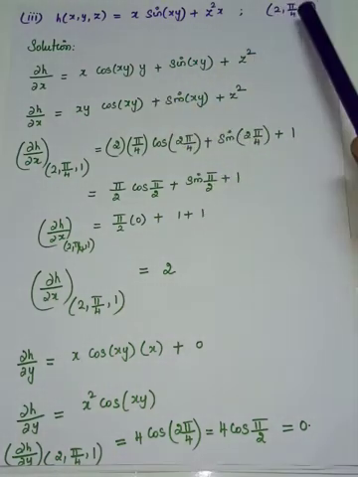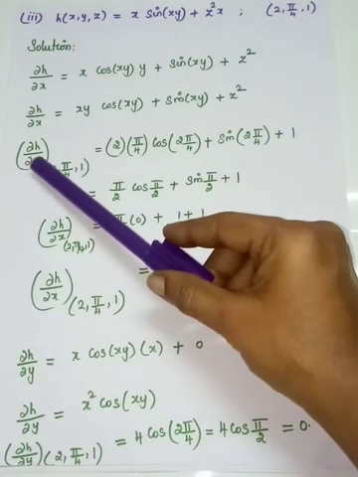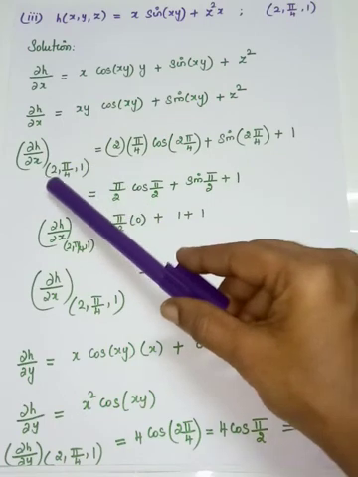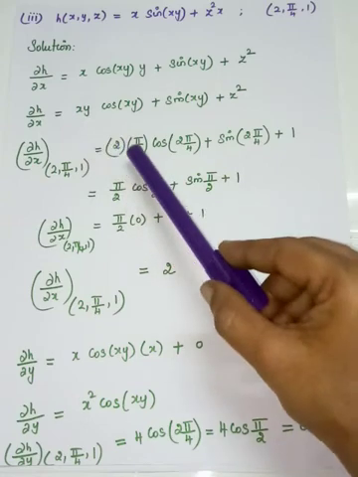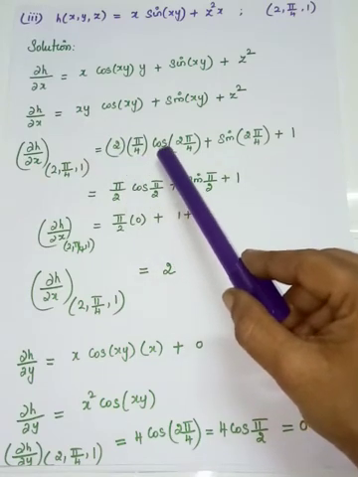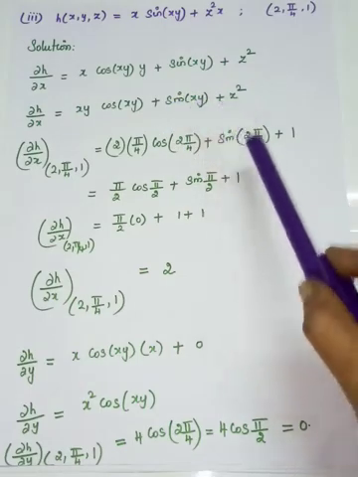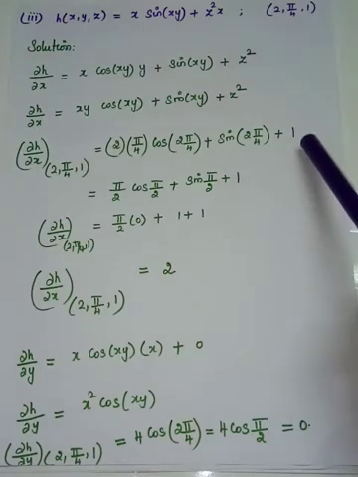Okay, so at this point only we have to find ∂h/∂x. So I have written ∂h/∂x at 2 comma pi by 4 comma 1. So in the place of x you have to substitute 2, and in the place of y you have to substitute pi by 4. Okay, cos of 2 into pi by 4 plus sine of x into y, which is 2 pi by 4, plus what is your z? z is 1, so 1 squared is 1.